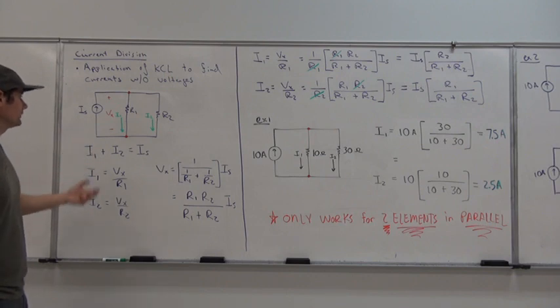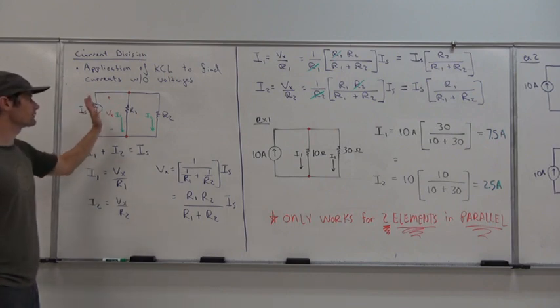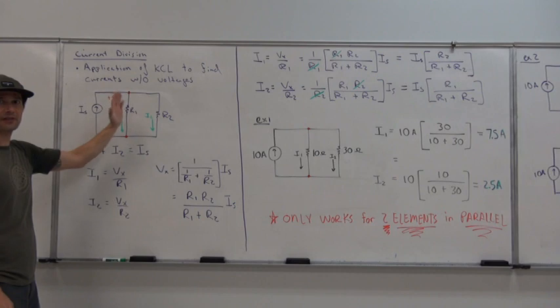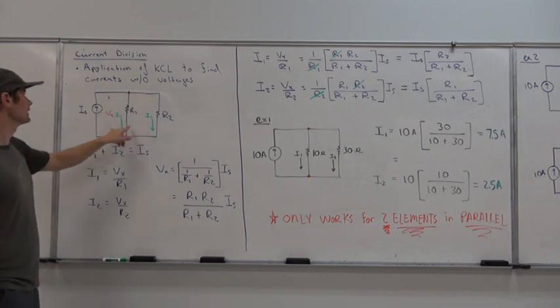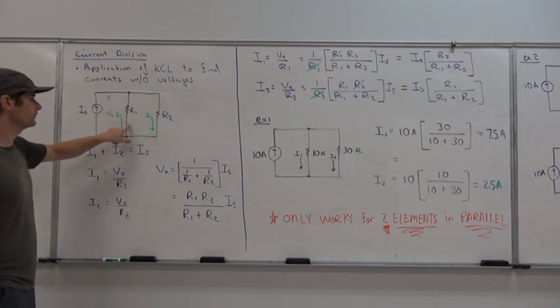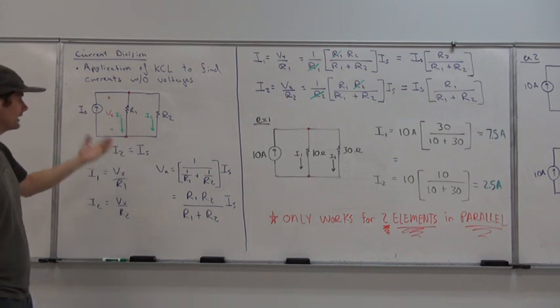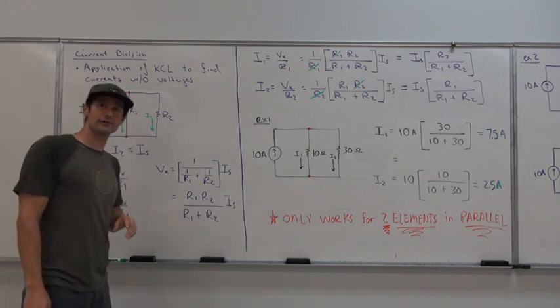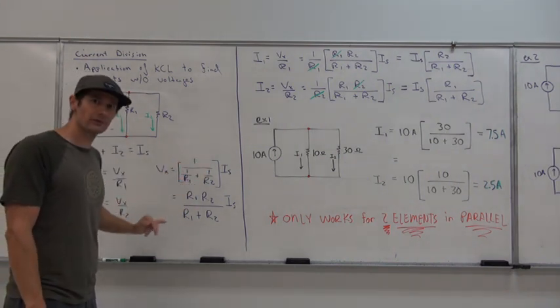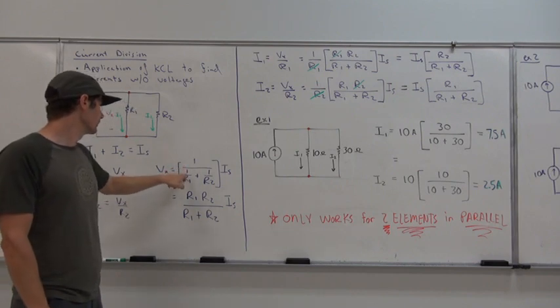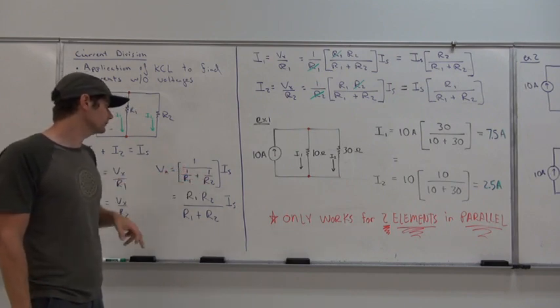If we wanted to see what the total voltage Vx was across both these elements, we have to combine R1 and R2 together. The combination of both is 1 over the summation of the reciprocals, so 1 over R1 plus 1 over R2.